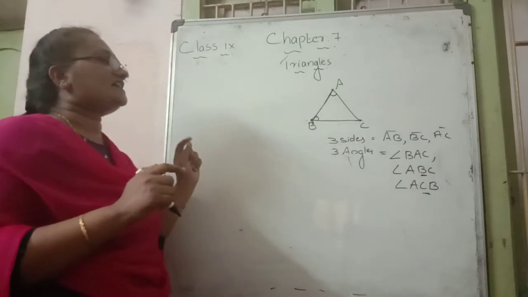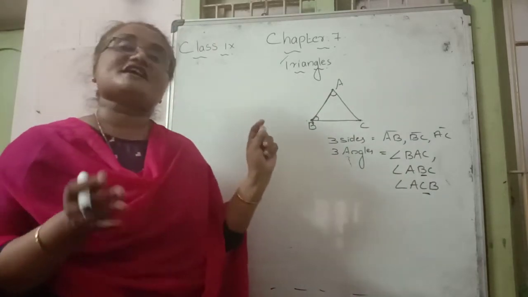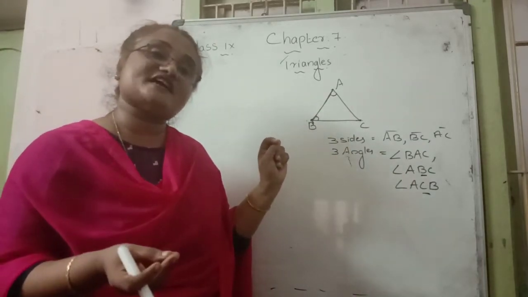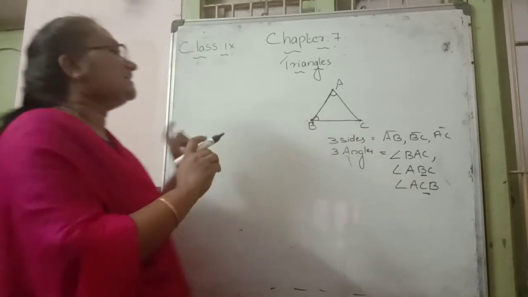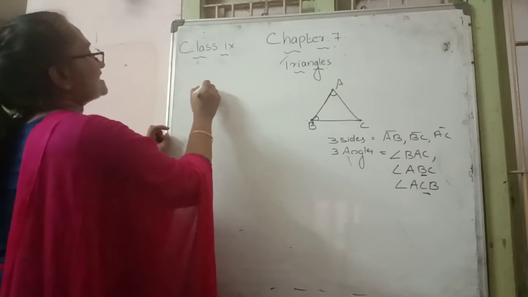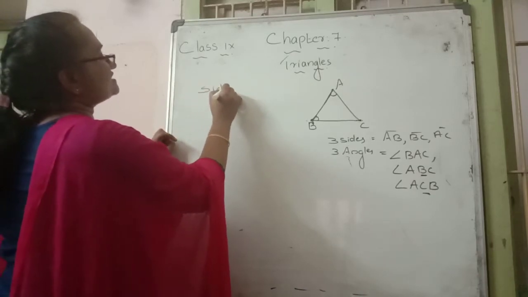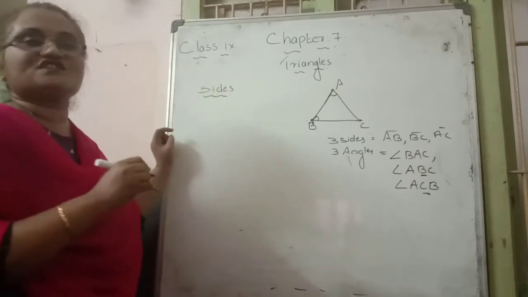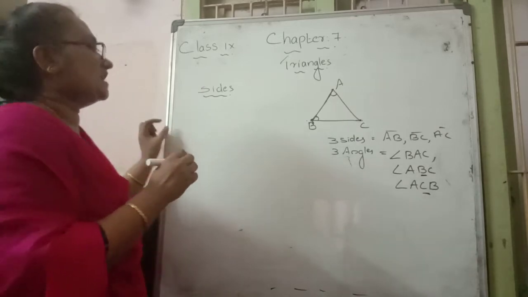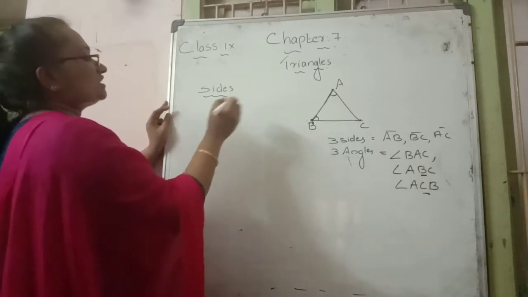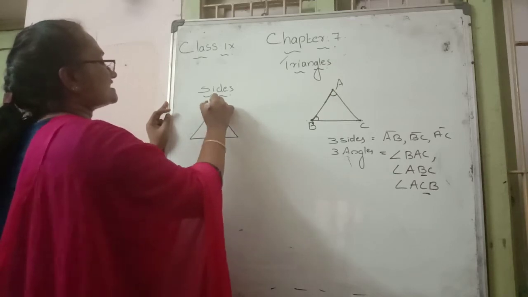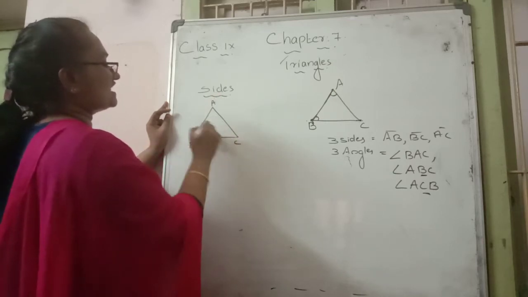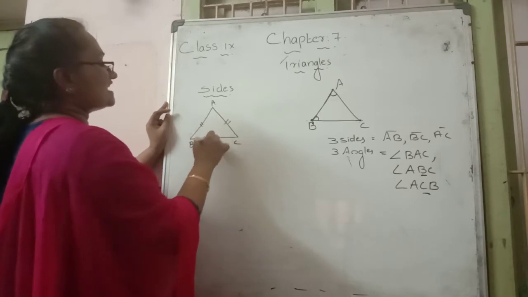Next, triangles are divided on the basis of sides and also on the basis of angles. How do we divide triangles by sides? With respect to sides, in a triangle where all sides are equal, for example triangle ABC, all sides are equal.